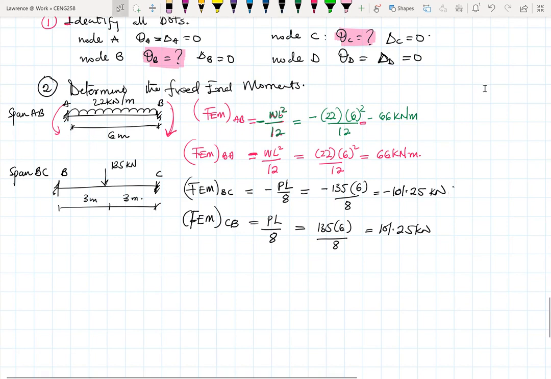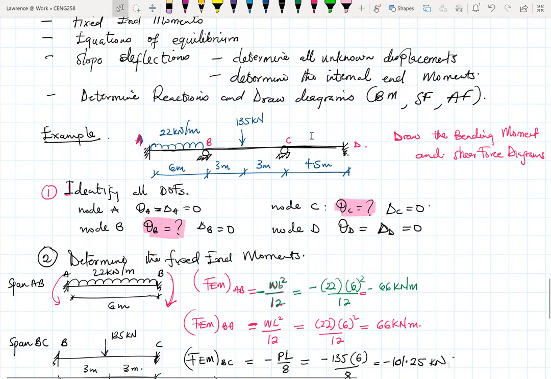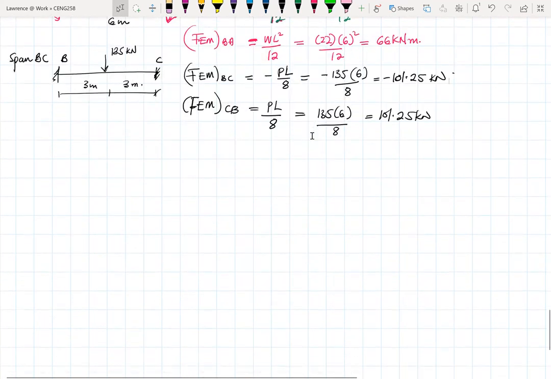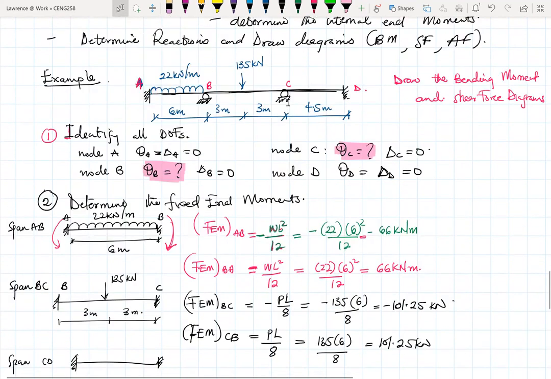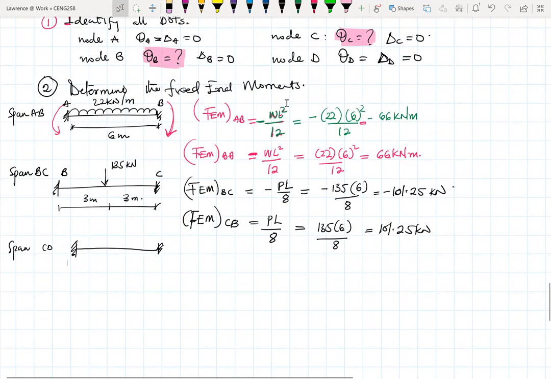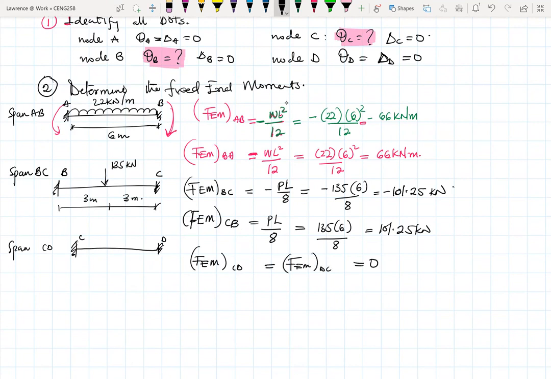Now, if you go back to the other span, the span CD, let's just add that one. So span CD, this is what we have. There are no external loads on span CD. Because there are no external loads on this span, the fixed end moment CD and the fixed end moment DC will both be 0.